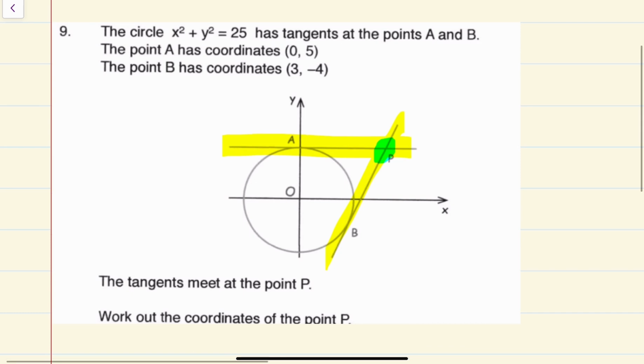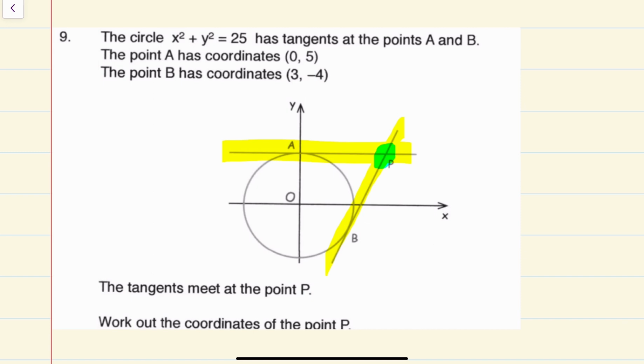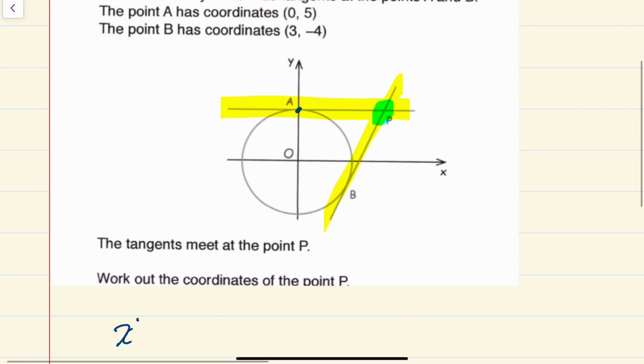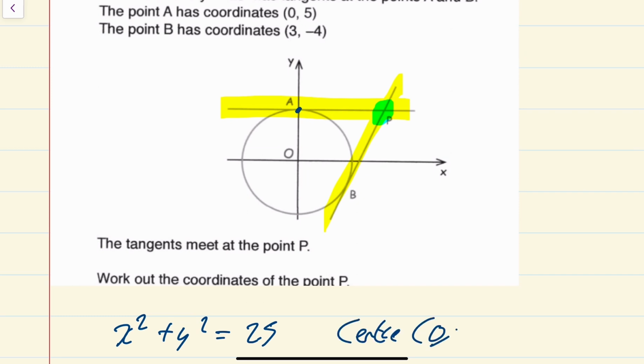So the tangent at the point A, which is clearly on your y-axis. First of all, x squared plus y squared equals 25 is a circle with center (0, 0) and radius equal to the square root of 25, so the radius equals 5.